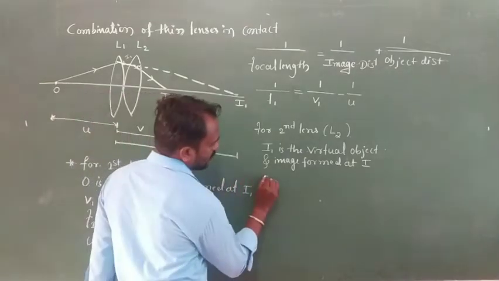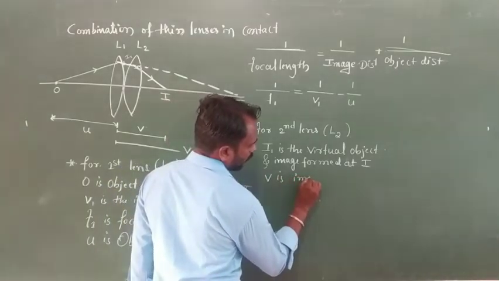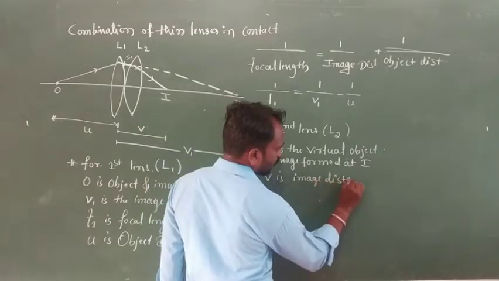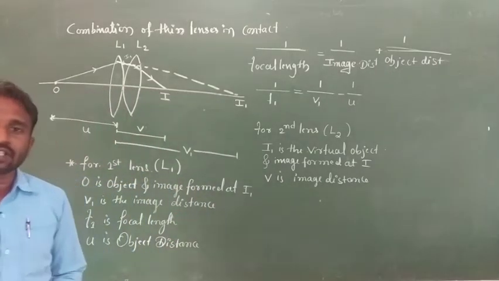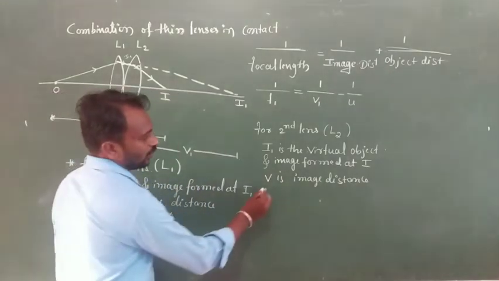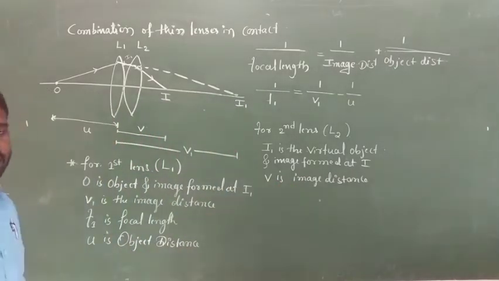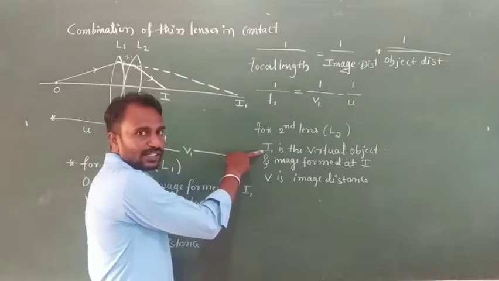So V is the image distance, and it is positive. Why? Because we measure distance along the direction of the incident ray. For the object, we consider I1, which is a virtual object.